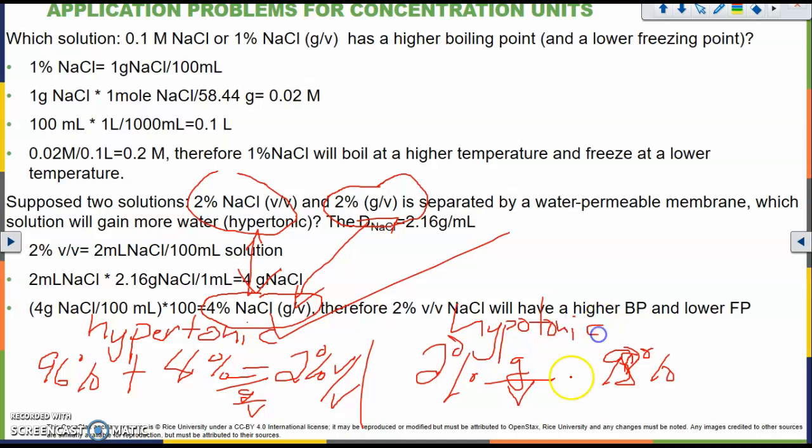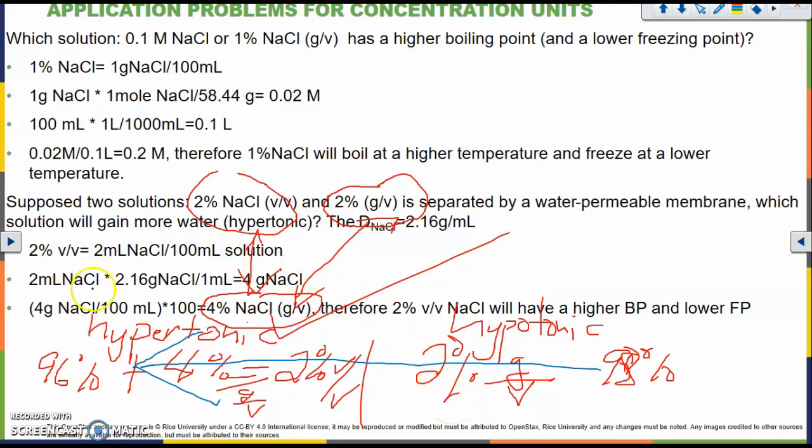Guess where water is going to flow? Osmosis is always going to go from an area that has more water to an area that has less water. This is 96% water. This is 98% water. So therefore, water is going to flow, using blue for water, from this side to that side.